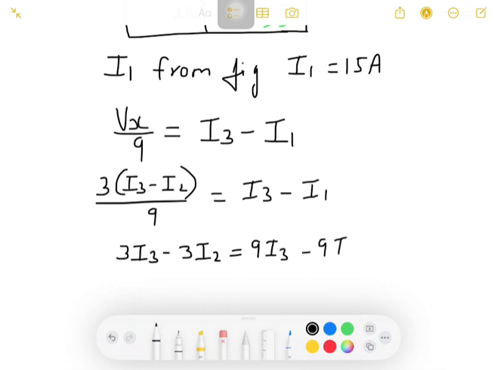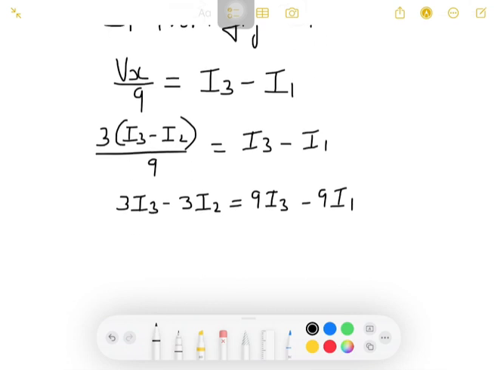If I further simplify, taking and equating to 0 the above equation, if I take this side, minus 9 will become plus 9 I1 minus 9 I3 plus 3 I3 minus 3 I2 equal to 0.